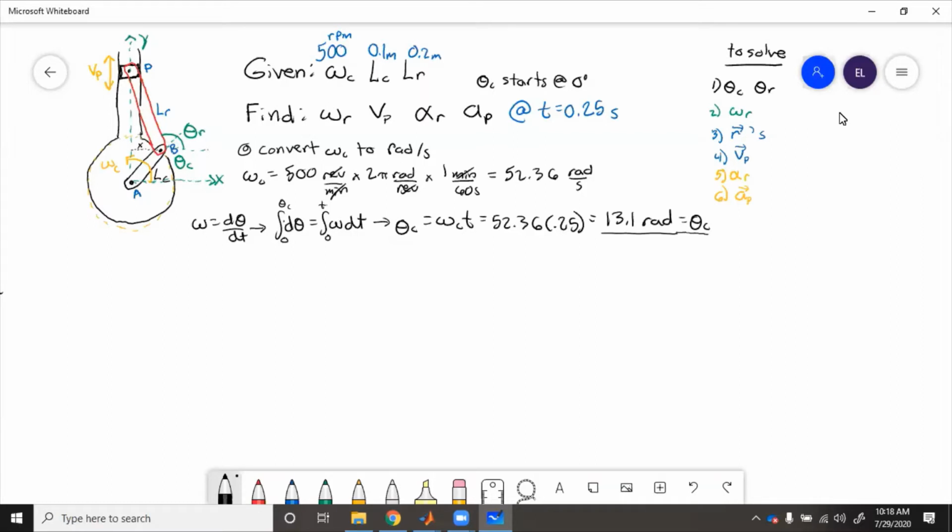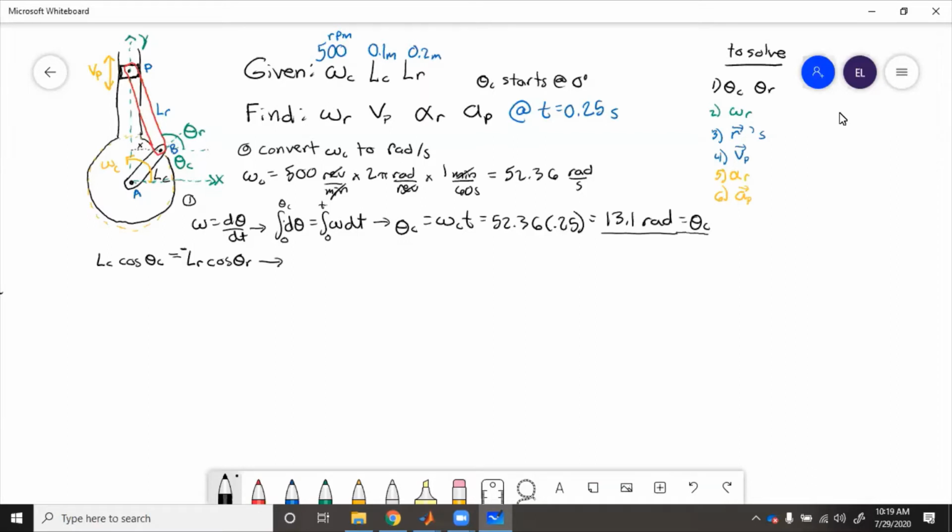So LC cos theta C has to equal LR cosine theta R. You see, because that's the same distance, except that this one is negative because the crank is angled forward, the rod is angled back.